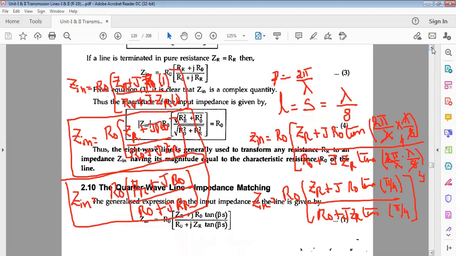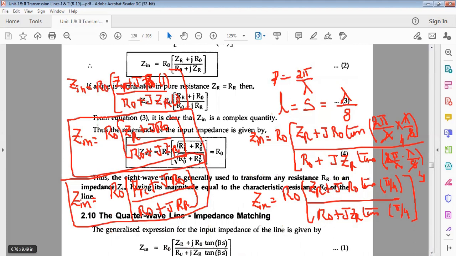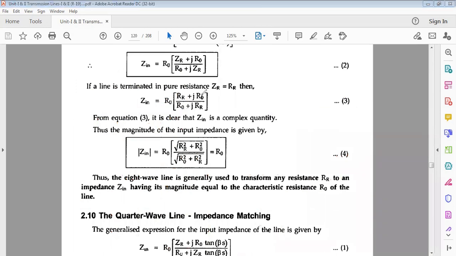The numerator is a complex function and the denominator is also a complex function. Write the magnitude of the value. Its magnitude, RR plus J into R0, is the square root of the imaginary square plus the real square, RR square plus R0 square, and in the denominator also R0 square plus RR square. So both get cancelled. Only the magnitude of the input impedance Zin is R0.